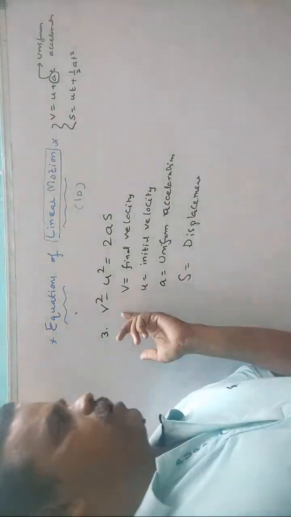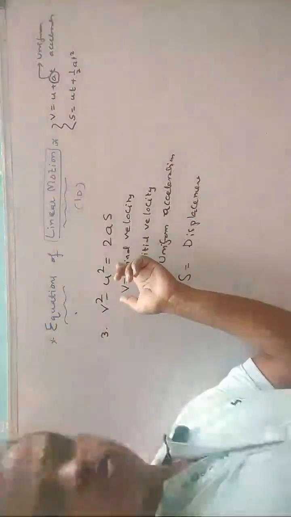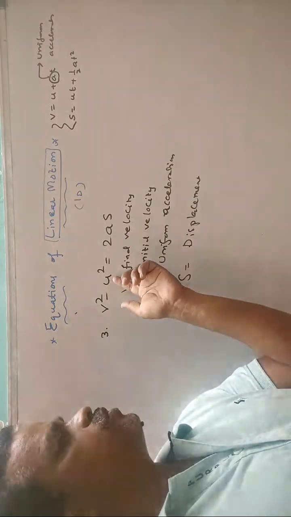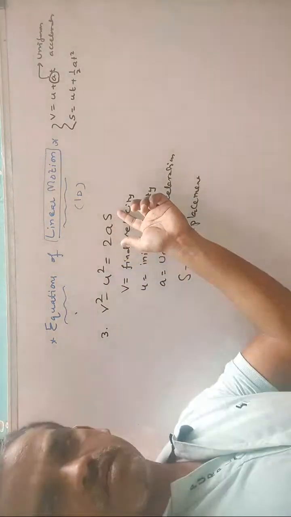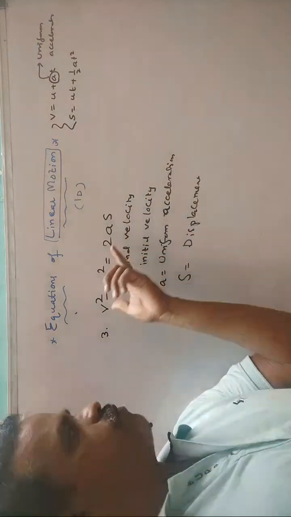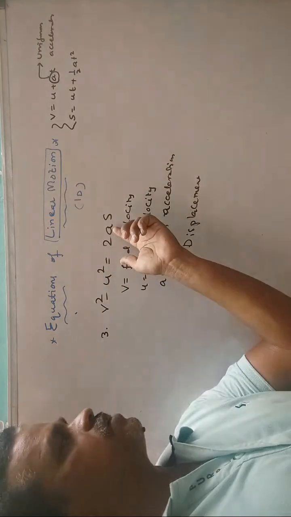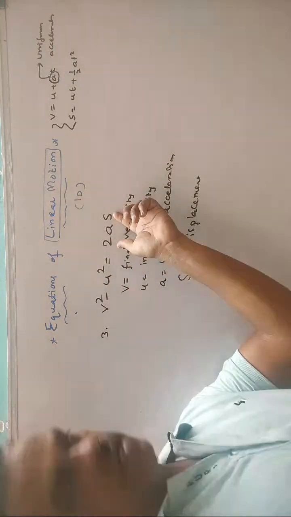See here, in this formula v square minus u square equal to 2as, v is final velocity, u is initial velocity, a is acceleration, s is displacement. So by using this equation, we can find final velocity, initial velocity, acceleration of the body, and displacement also.